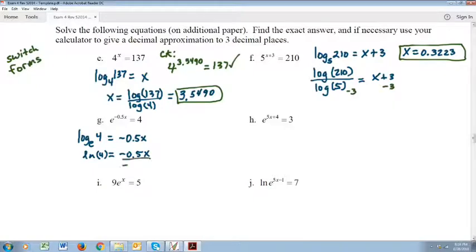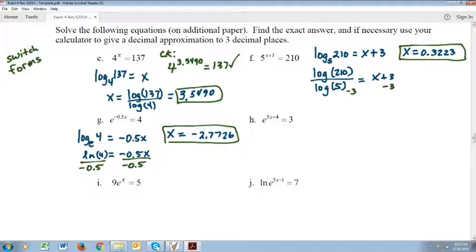And so now we just need to divide by negative 0.5. Alright, so we divide by negative 0.5, and you should get about negative 2.7726. So if you rounded to 3 decimal places, you would have said 773 there.